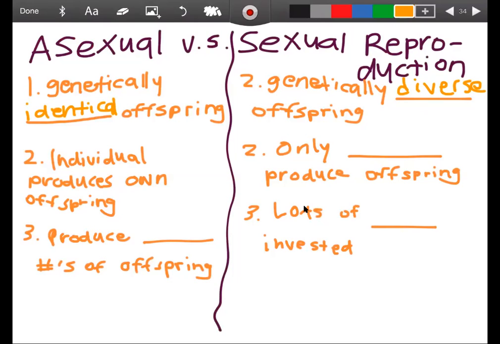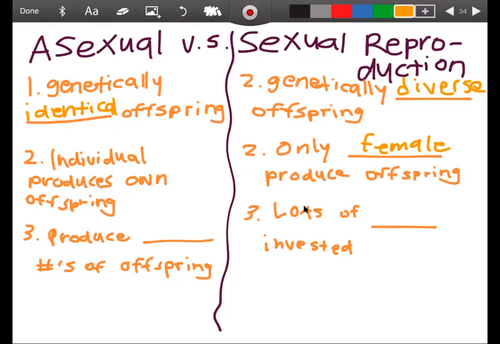Next, in asexual reproduction, each individual cell can produce its own offspring, or each individual, maybe in the case of a plant, each individual plant can produce its own offspring. And in bacteria, each bacteria cell produces its own offspring. But in sexual reproduction, only the female is able to produce offspring because the female has the reproductive organs that allow for it to produce the offspring.